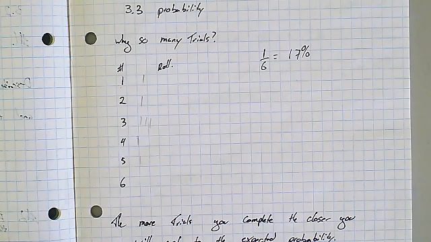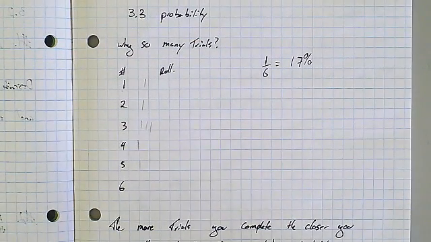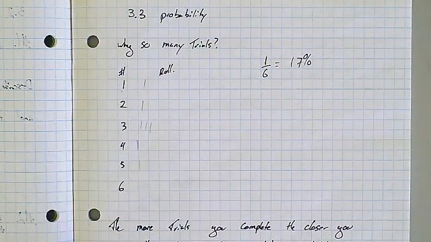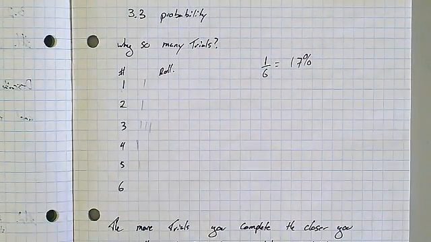If I flip this coin 10 times, I should get 5 heads, 5 tails, but there's still a possibility of getting 10 heads and no tails. So you want to make sure that you reproduce and test your probability as many times as you can. The more trials you have, the better. And we're not talking like 10 trials, we're talking like 100, 1,000, even 10,000 trials. The more you get done, the closer you're going to get to your actual probability.